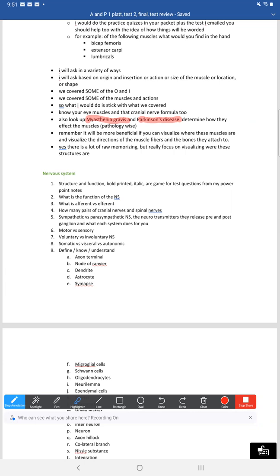And myasthenia gravis has to do with weakness and fatigue of muscles, because the communication between the nerves and the muscles is being damaged. Classically, it starts with vision problems.